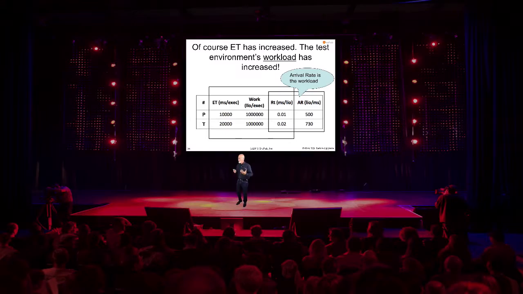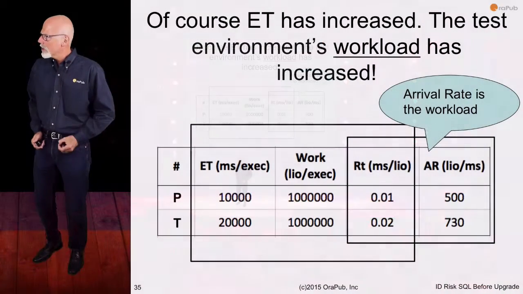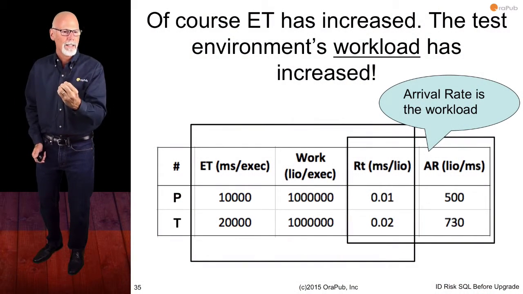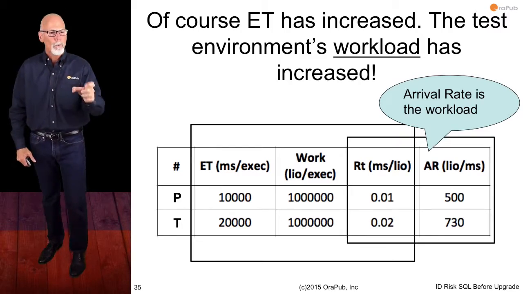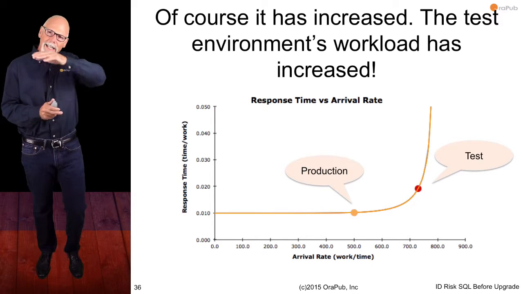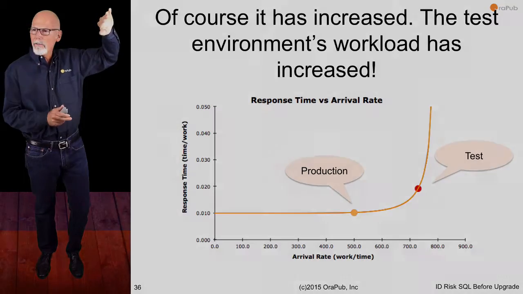In fact, it's so busy, everything just kind of slows down. But I'm still touching like 100,000 blocks or a million blocks. What's changed is the time to eat the piece of candy. And what caused that is because the workload increased. Let me give you a related example. In fact, the workload intensity is so much more in the test, the response time was kind of pushed up into this elbow of the curve.